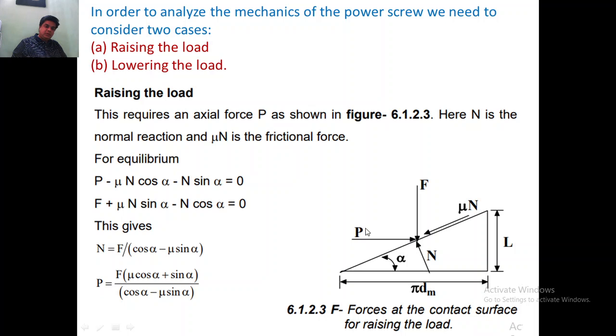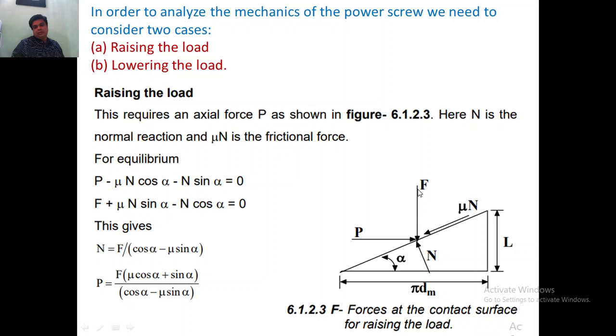The external force or torque we are taking as P. So this F is the load or weight which has to be raised on the inclined plane, and to raise this load I have to apply an external force P in this direction.